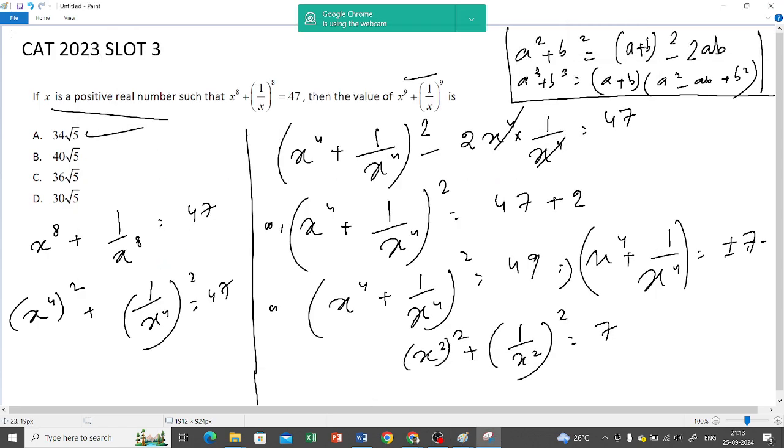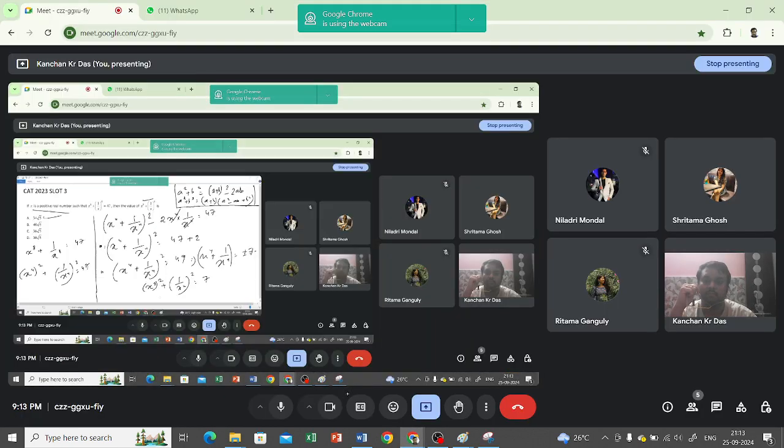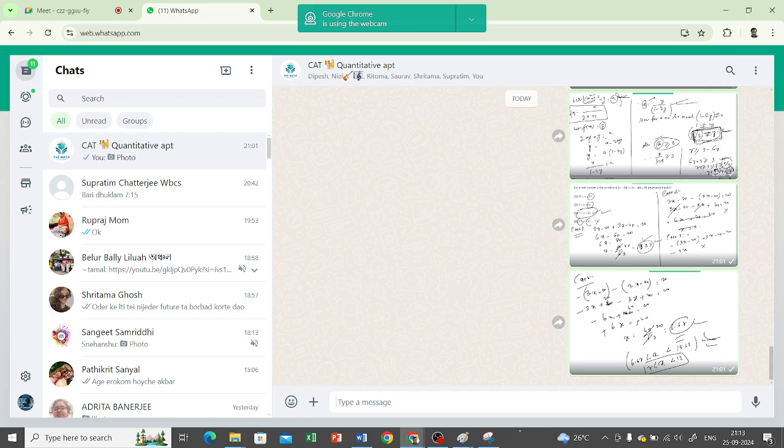Understood, sir. See, this sum was not difficult, but this sum was lengthy. It is a very simple sum. Very simple sum. It is a class 9 level sum. I mean, a first bencher student of class 9 can also solve this sum.